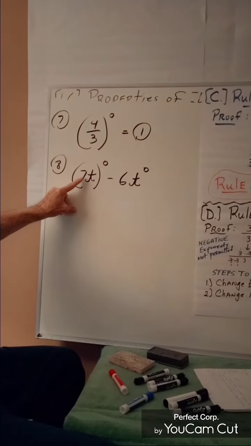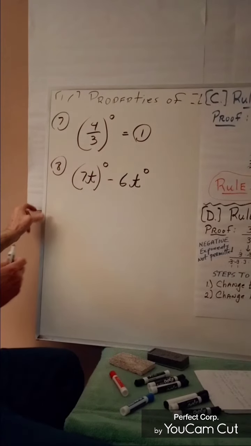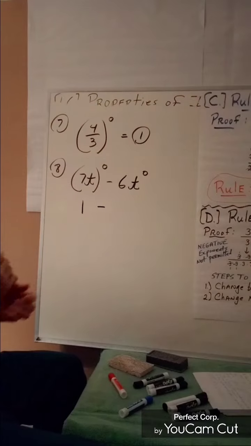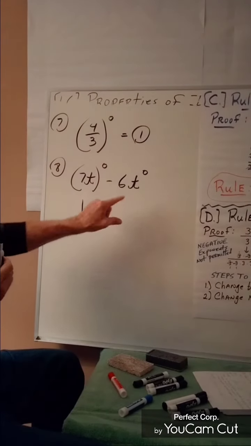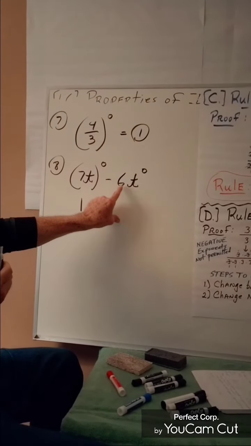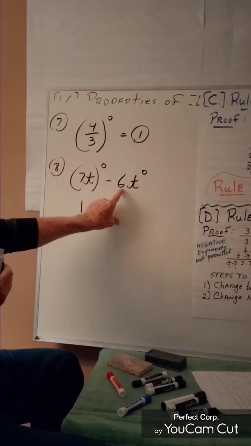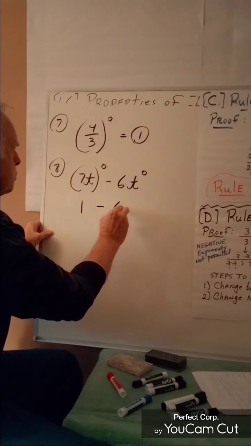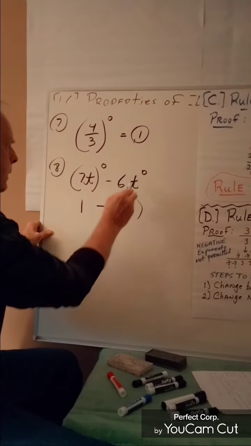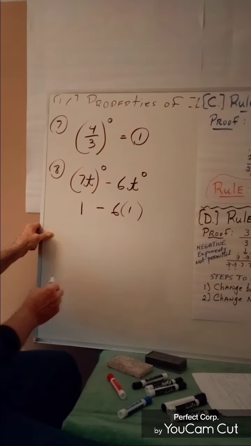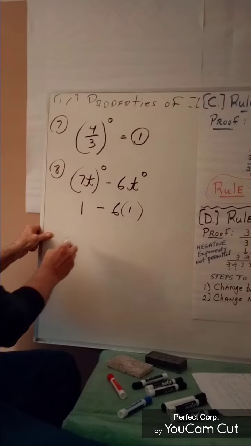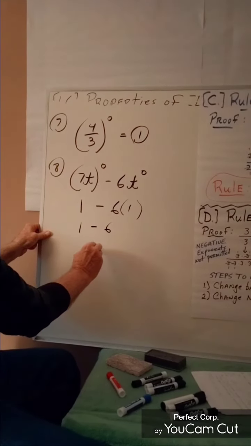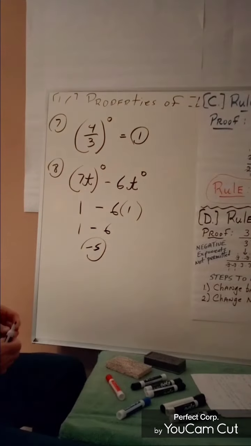Any positive or negative outcome to the 0, 1. Bring down that subtraction sign. And just like a previous example, that 6 comes down. It's not part of the base. That 6 will get multiplied by the value of t to the 0, which is 1. Little order of operations, 1, negative 6, negative 5, done.